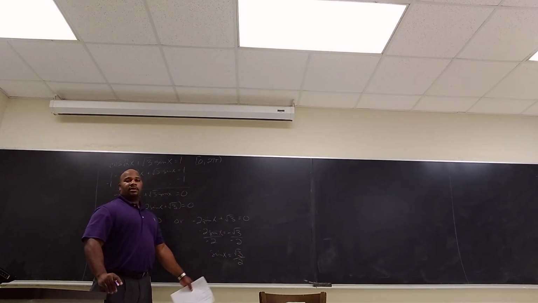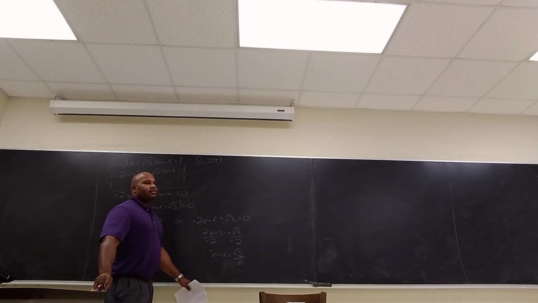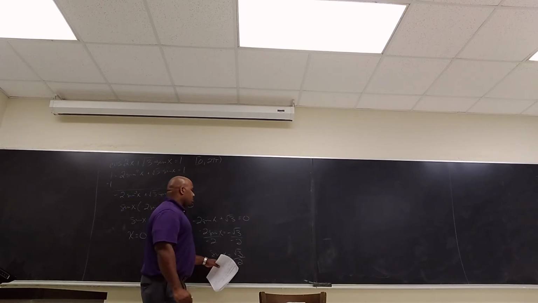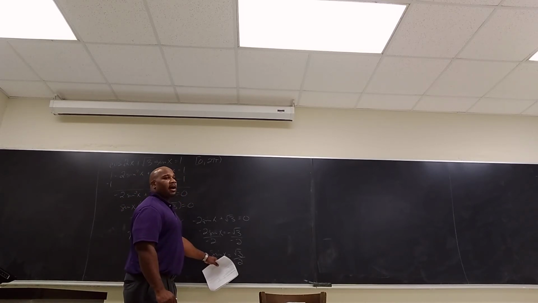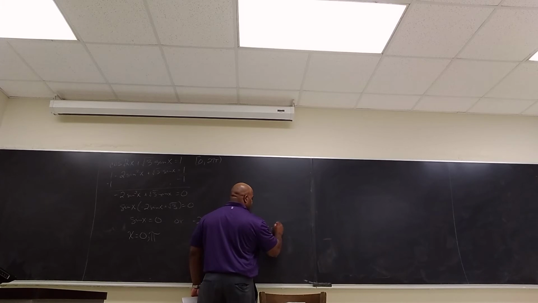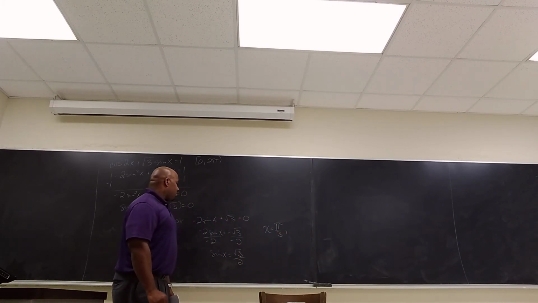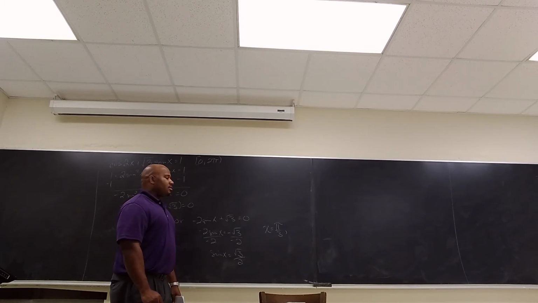Now, when is sine of x root 3 over 2? You might know that. 60. So I need intervals of 60, or where I'm going to get a positive square root of 3 over 2, and it's got to be something related to 60 degrees. So we're going to say pi over 3, that's 60, right? And then where else is it going to be positive? Well, we're talking about sine.